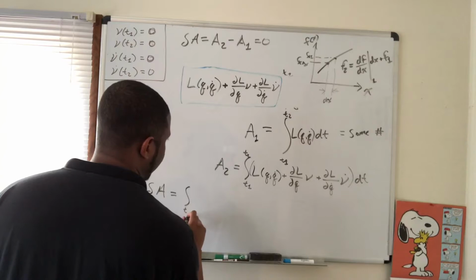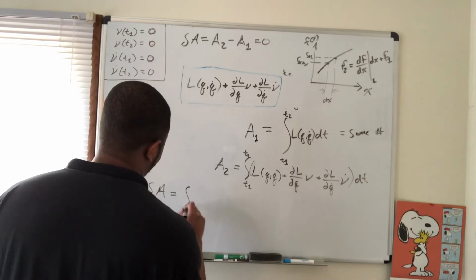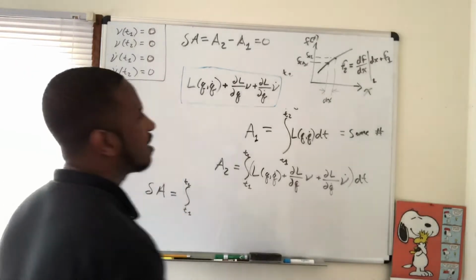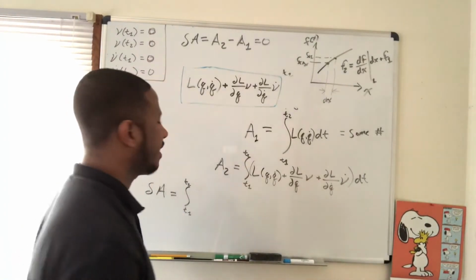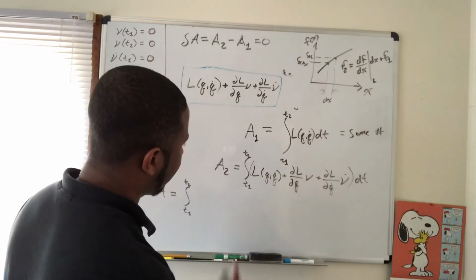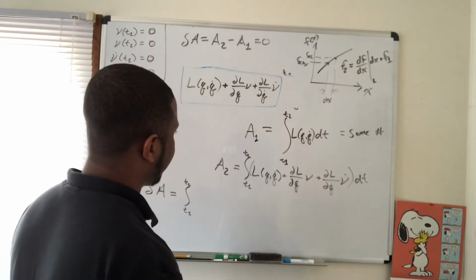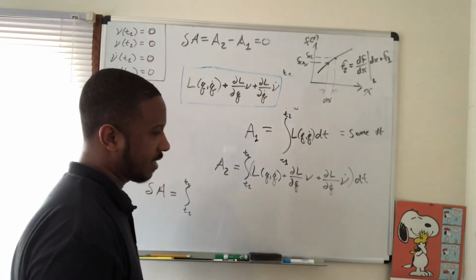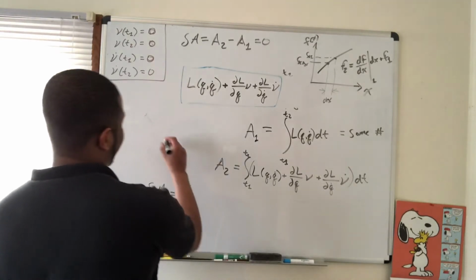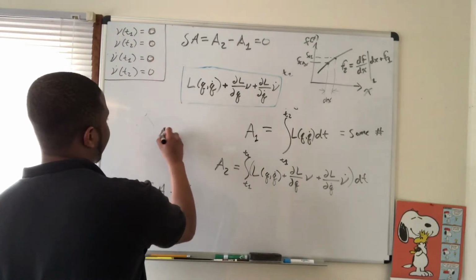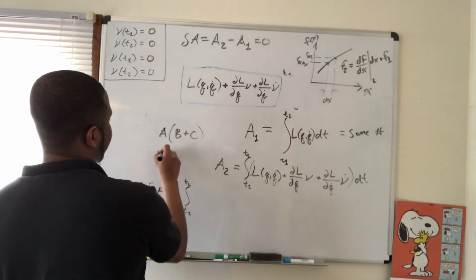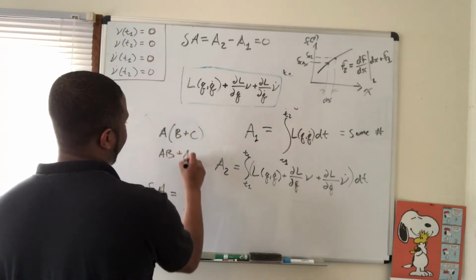Another thing, I think it's important to realize is the distributive property, where the integration and taking the derivatives have a distributive property. As a side note, if I have A times B plus C, that's equivalent to AB plus AC.